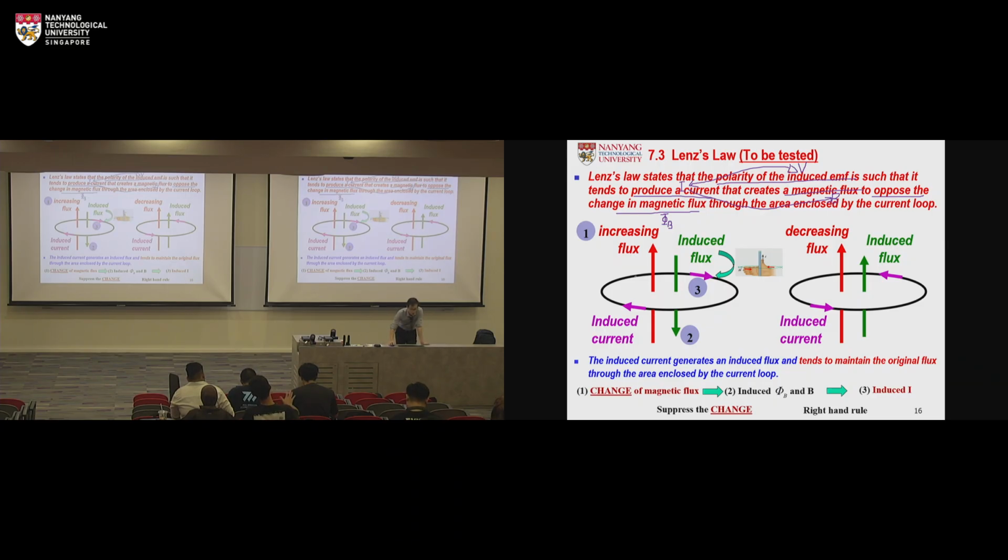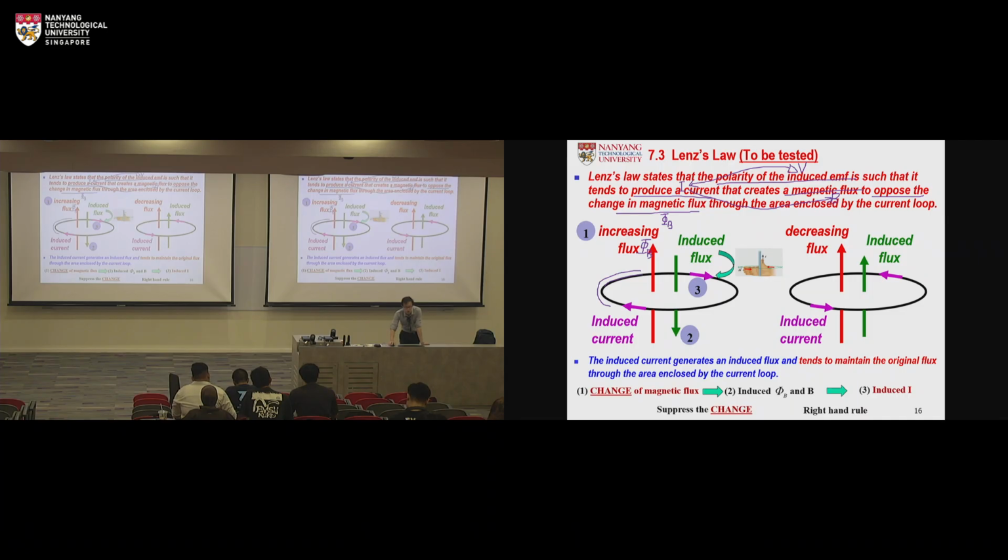In this scenario, let's say there is this kind of a loop. This is the so-called loop, this one. And initially, you have a magnetic flux. This is your initial magnetic flux. And once this magnetic flux is changing over time, we know it will induce a current.